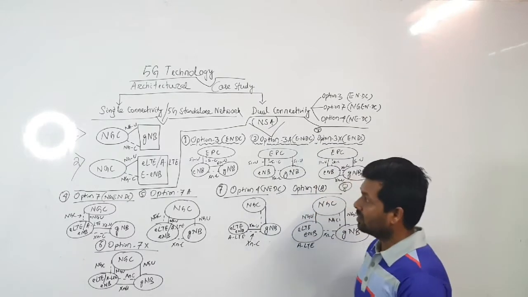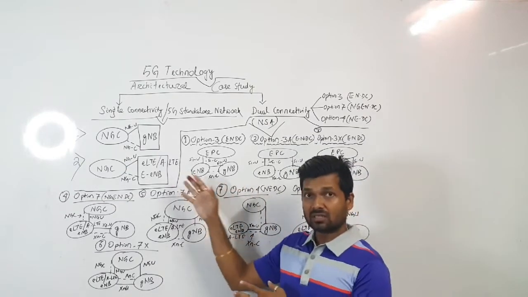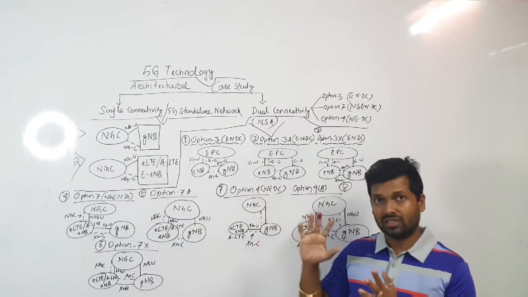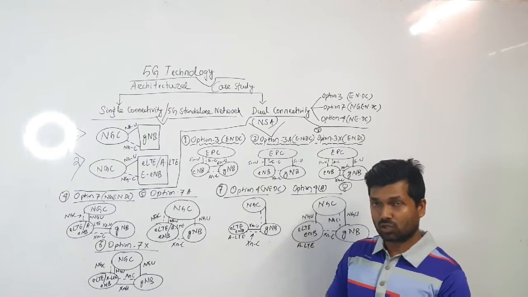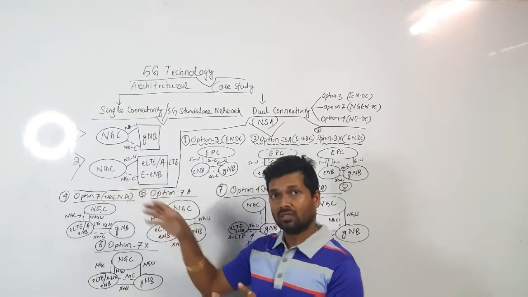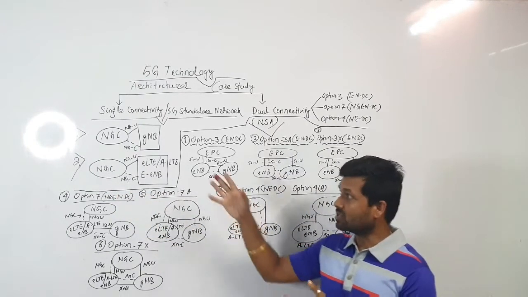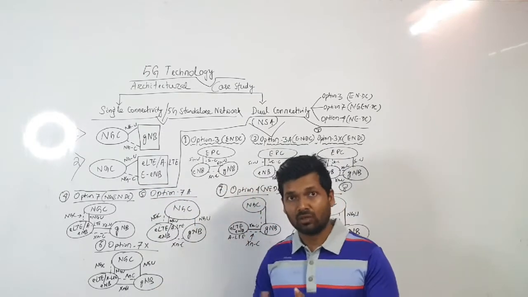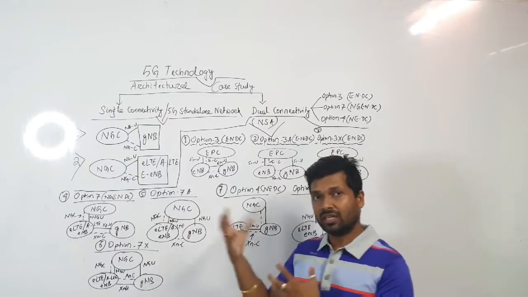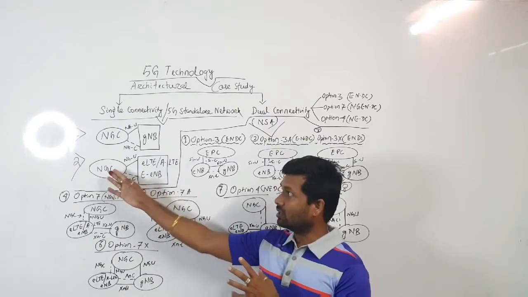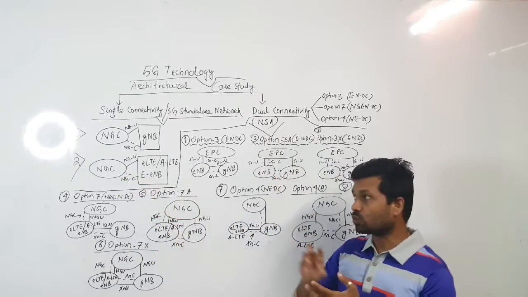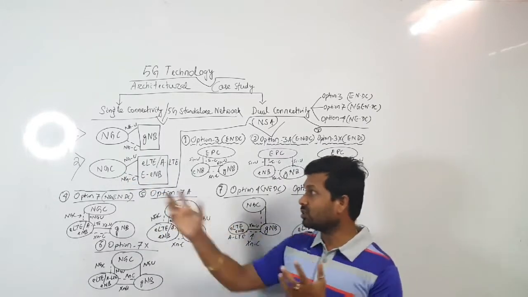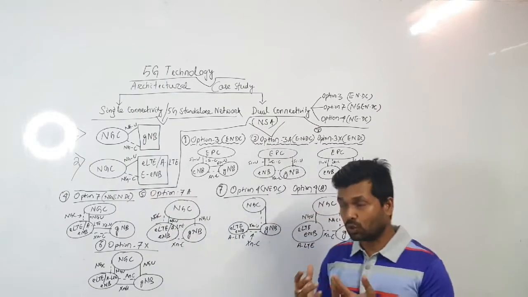Now here in case of single connectivity, you don't have this old EPC or the LTE advanced node, rather you have a new core, that is the new generation core, which is definitely a cloud based network and it's a software defined network. That means you can create the different network elements within the core by different software. So you can create that network, new generation core.